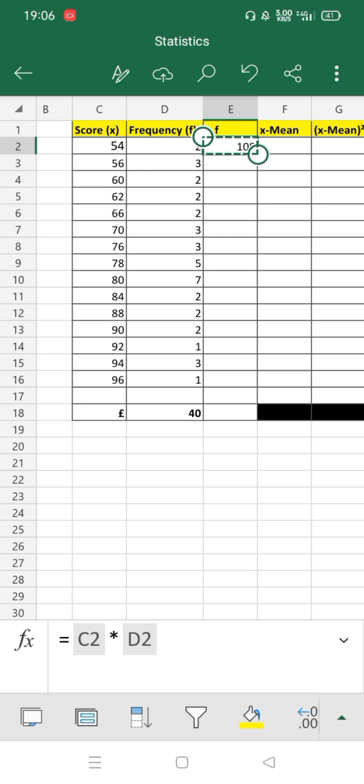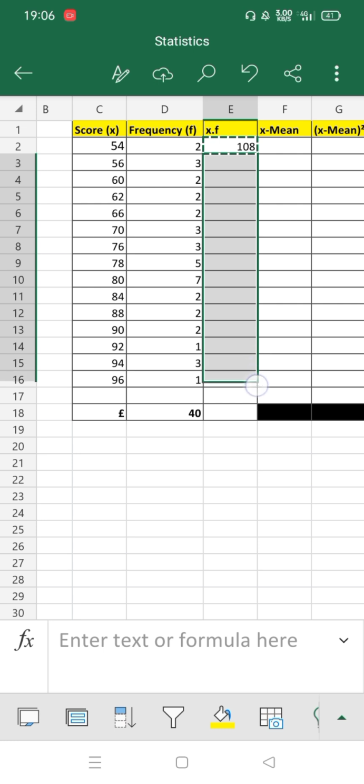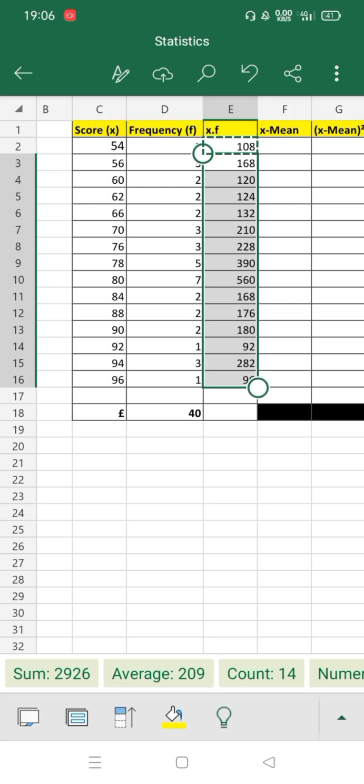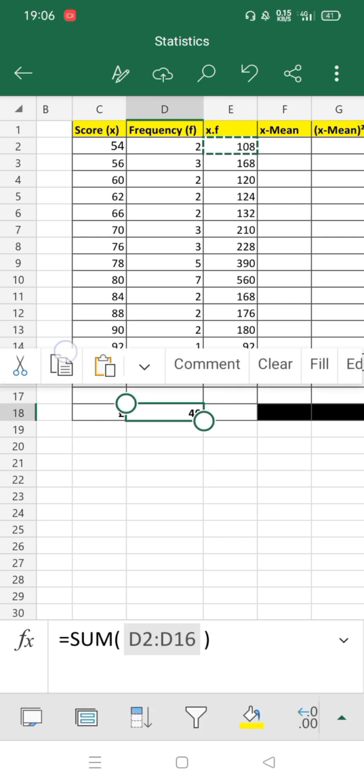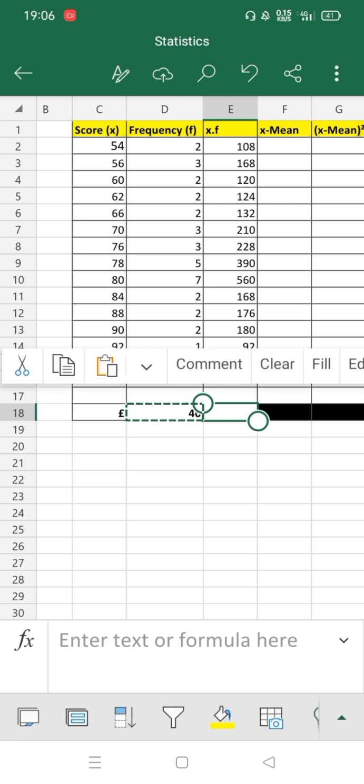We just do the same thing again, copy paste here, and boom, you have the data. And the last thing is to copy paste here to sum this.